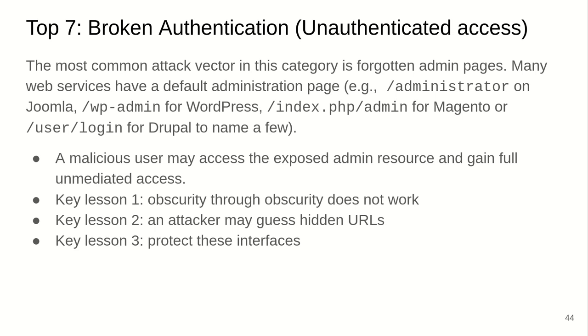You cannot assume that an attacker will not guess these URLs, because there's a sufficient amount of lists out there that provide simple examples that attackers can use. An attacker may guess these hidden URLs, and you need to protect these interfaces with a strong password, and a default credential is not going to be sufficient.